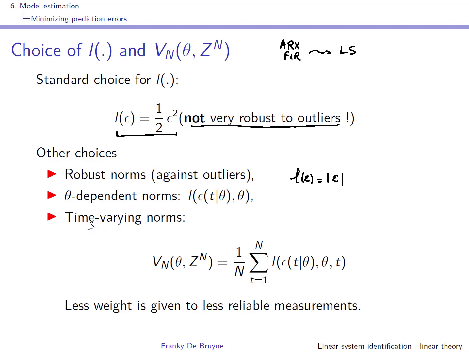I also want to mention that you can work with time varying norms, in which you forget exponentially, for instance, the old data, so that you forget them when they become less reliable. But these are all things that are there for your information.